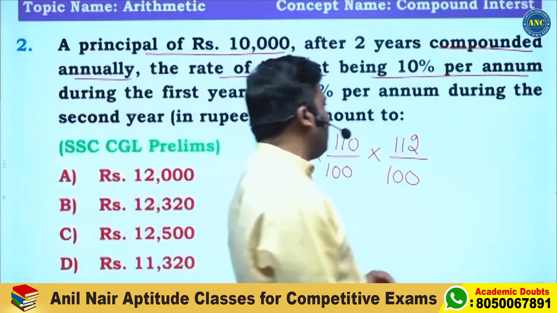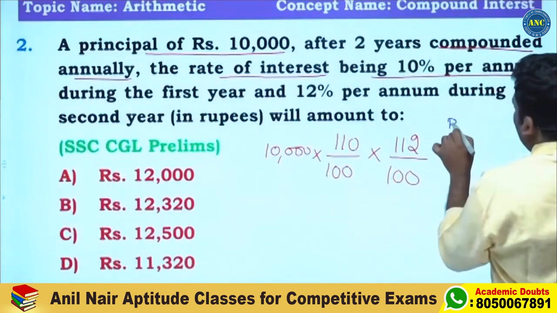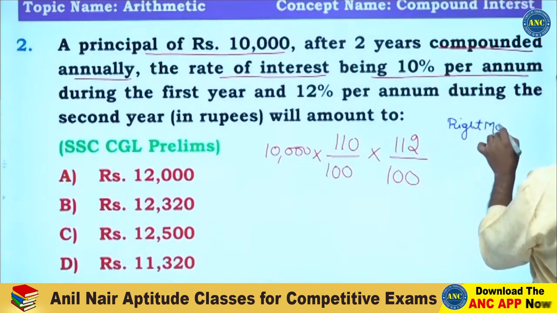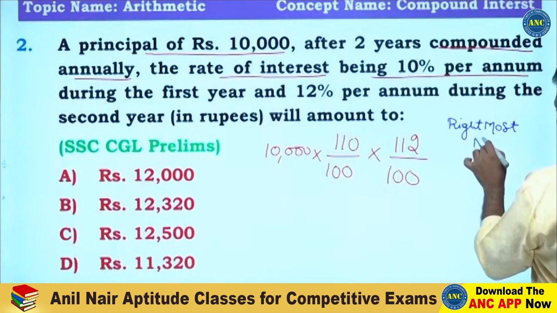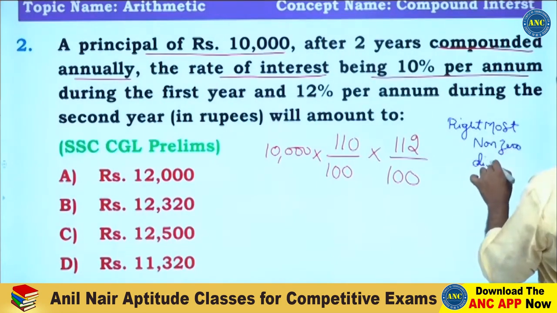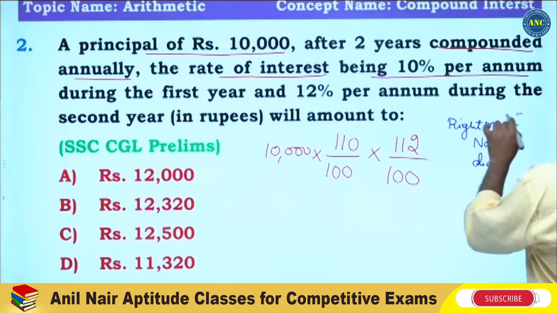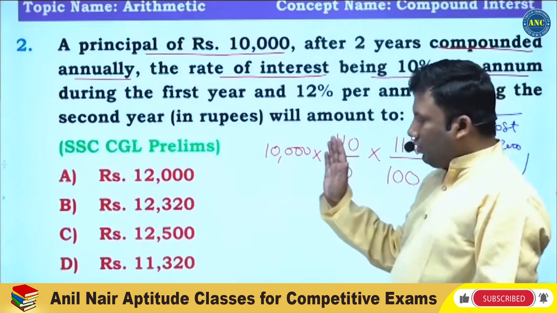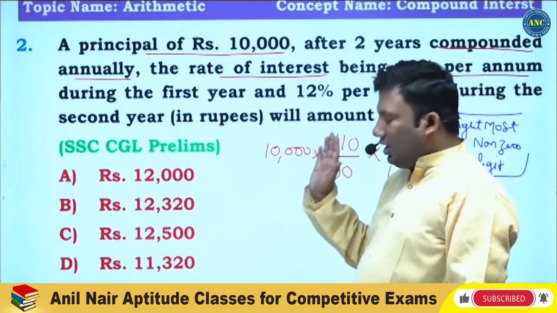So what we will do is, we will attack this question by using the rightmost non-zero digit. In every numerical value, take the rightmost non-zero digit. 10,000 is the number.